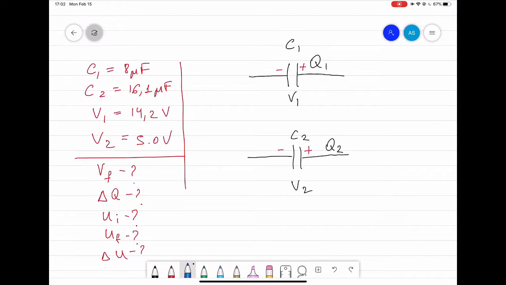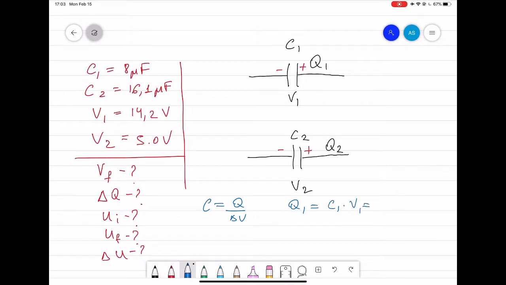First of all, we have two capacitors, C1 and C2, and they're charged separately with V1 and V2. Initially we have to find how much charge was stored in each capacitor. The general formula is C equals Q over delta V. So let's first find the charge: Q1 will be C1 times V1.